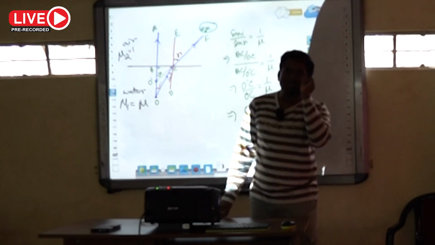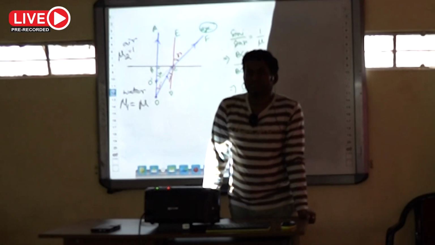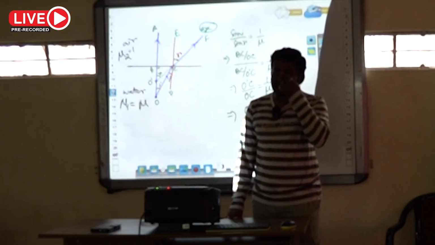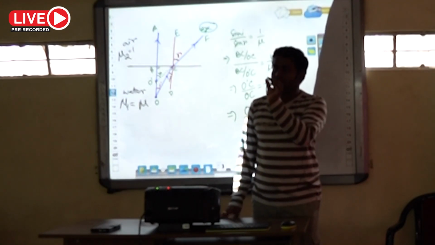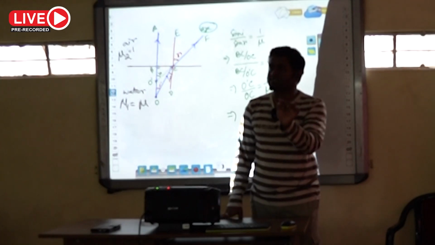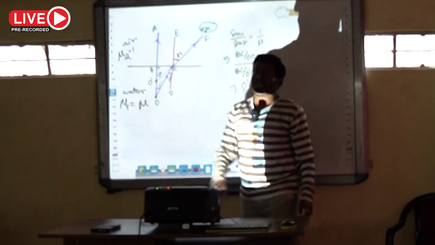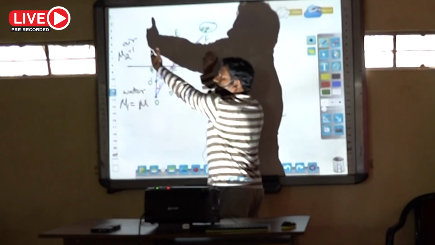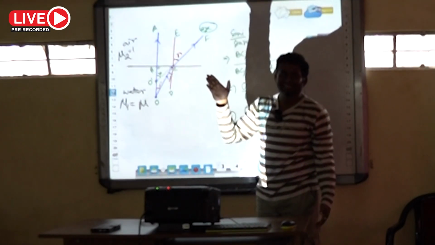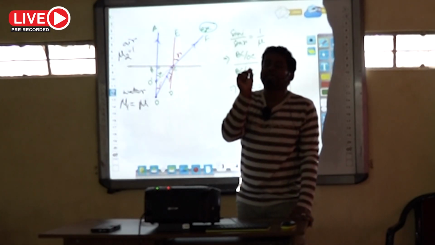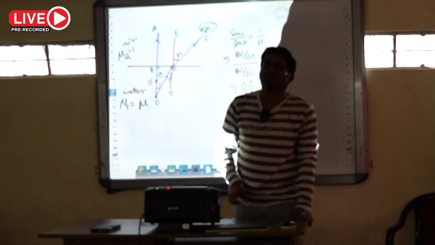Now what is the size of our field of view? Very small. Field of view means not even the entire eye, but the small portion of the pupil through which light enters. So point F and point A cannot be at 1 foot distance. This should be very small, less than 2 millimeter almost.